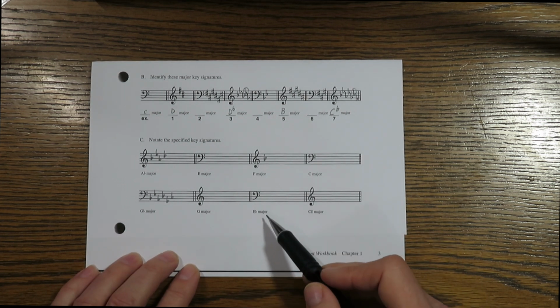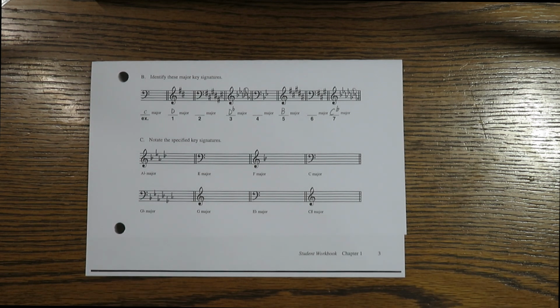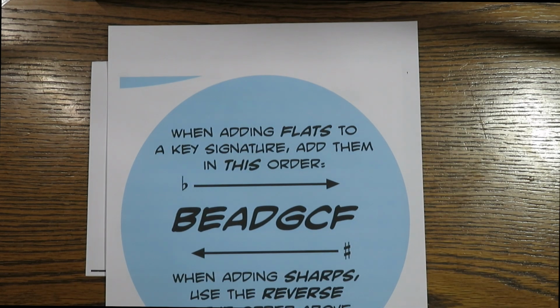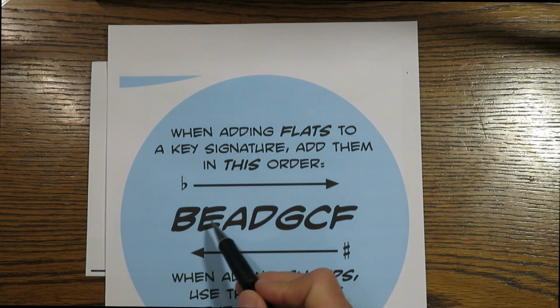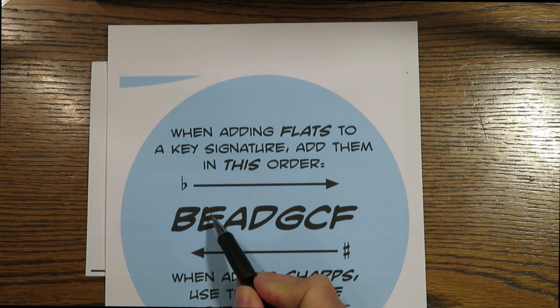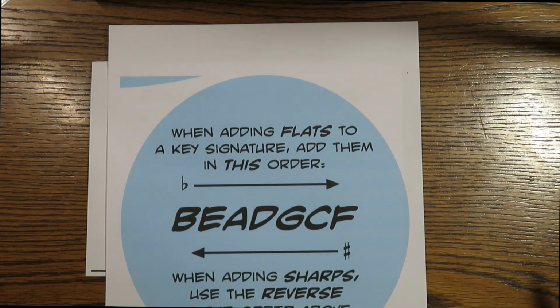So, E flat major. If we go B, E, A, right? Because we want to go 1 more. So when we go back to 1, we'll find it.